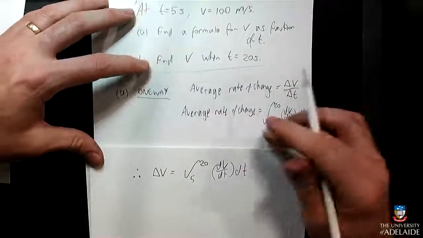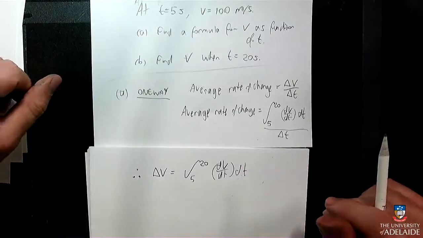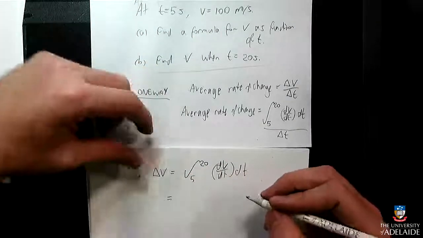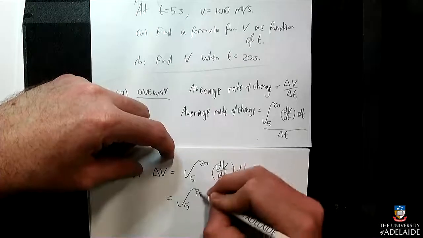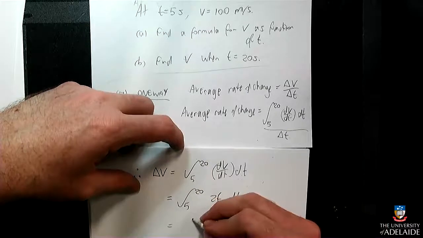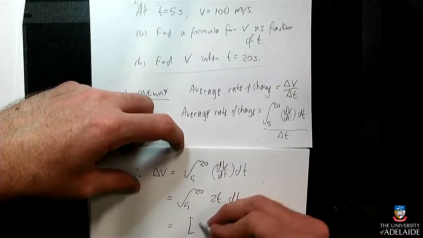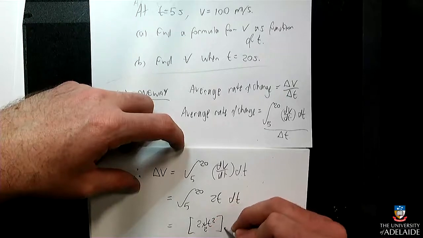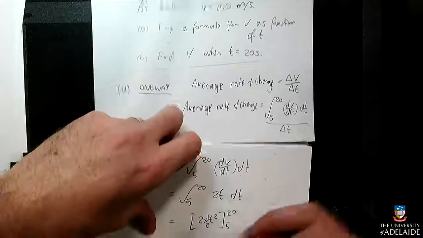I don't have to write this working down. I can actually just write it this way if I want. It's just talking through the reasoning. So the change in v is this, and dv/dt is 2t. And so we do the integral. The 2 will still be there, the power goes up by 1, I divide by the new power, from 5 to 20.